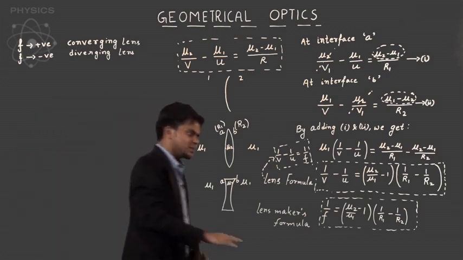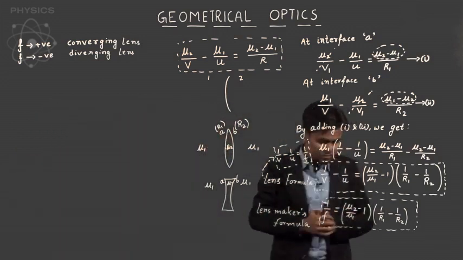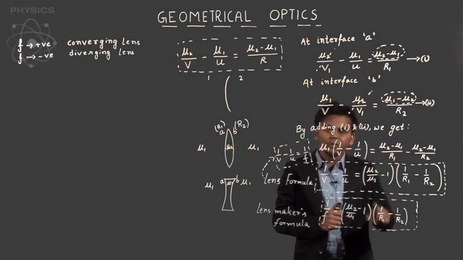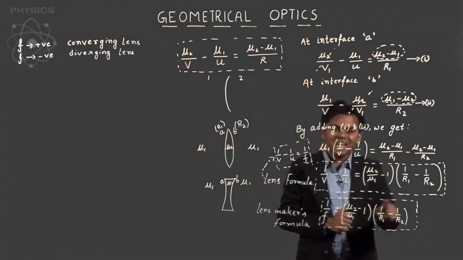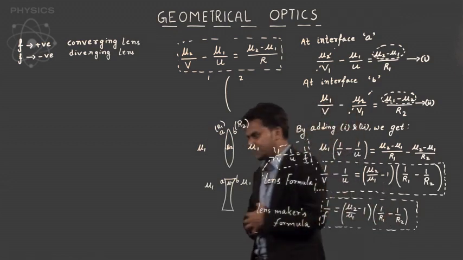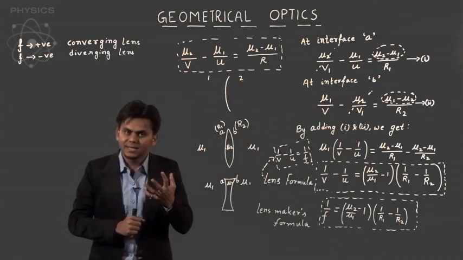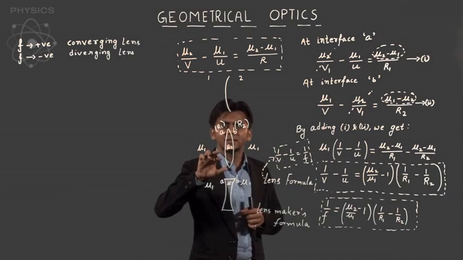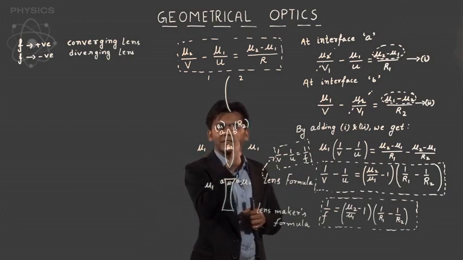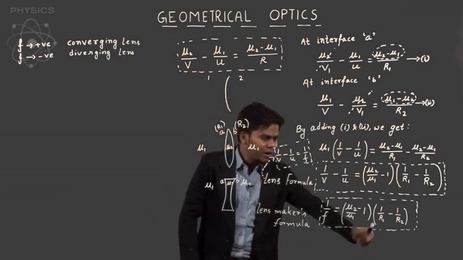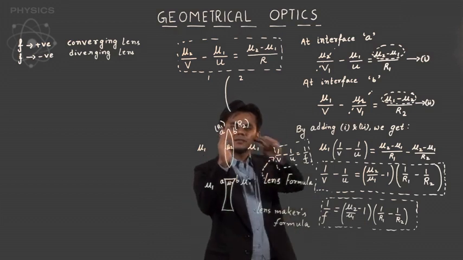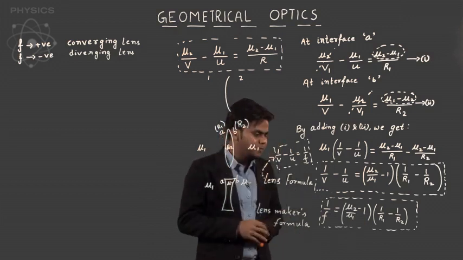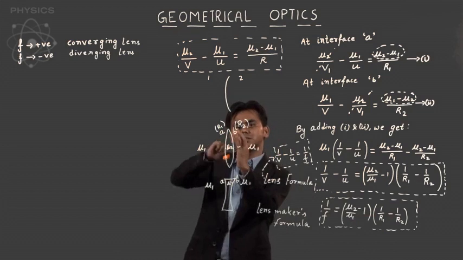Now if you look at this situation over here, this thing over here has to be positive for a biconvex lens. What is biconvex lens? This diagram over here is a biconvex lens. Why? Convex on this side, convex on this side. 1 by R1. R1 is towards this side, so positive. R2 is negative.